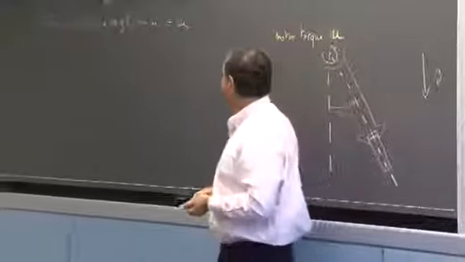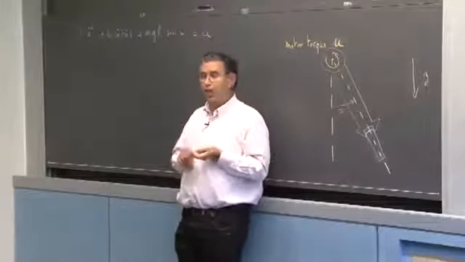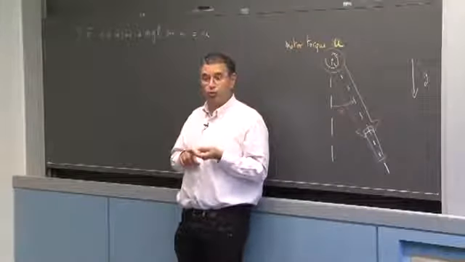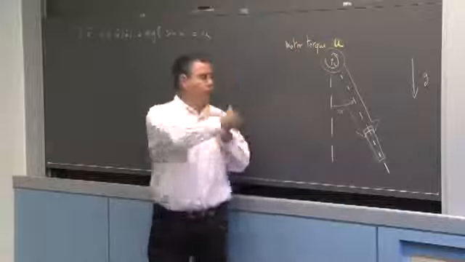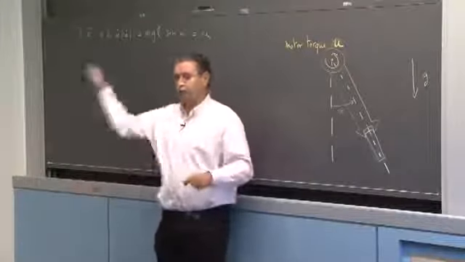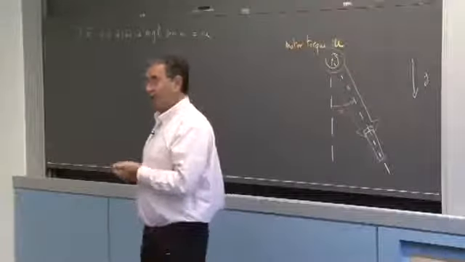So basically, J, B, M, and L are all unknowns. And we're trying to make this system follow an arbitrary trajectory, whatever we specify.